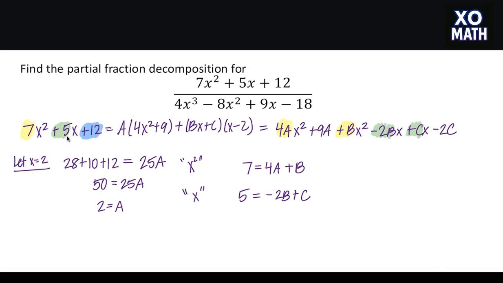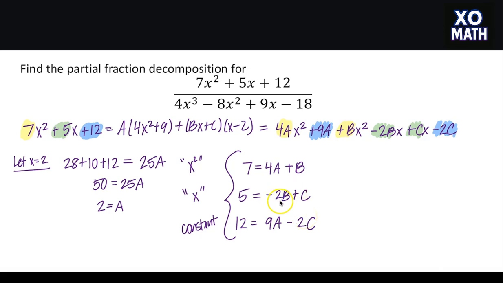On the left, it's just 12. That has to equal 9a minus 2c. So for my constants, 12 is equal to 9a minus 2c. So here is my system of 3 equations and 3 unknowns.